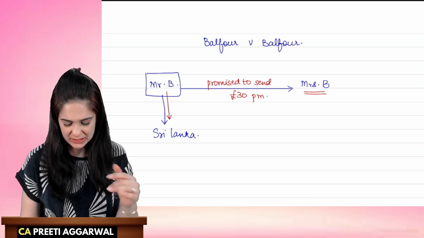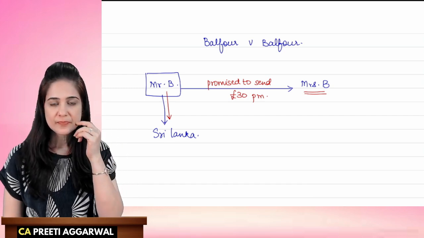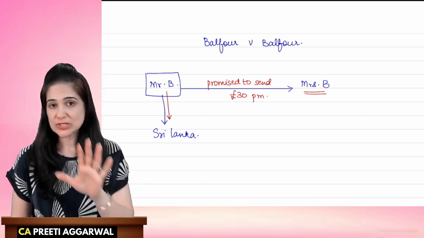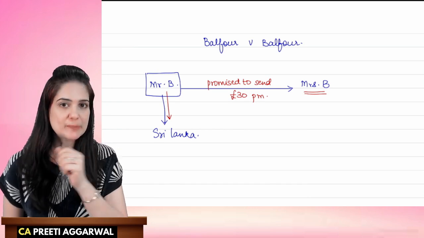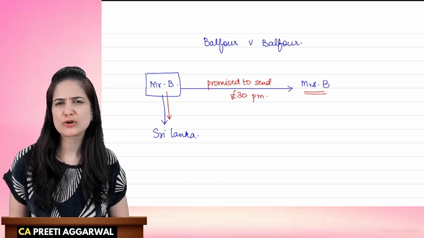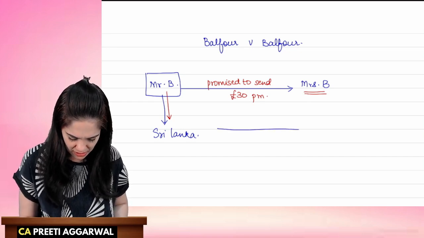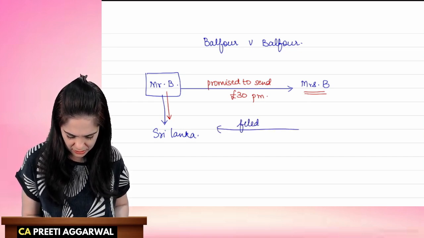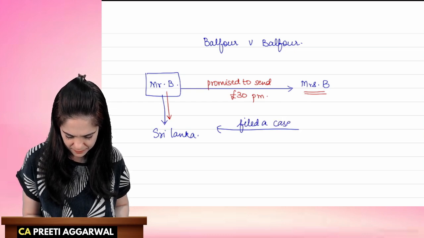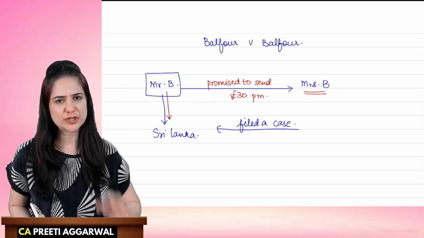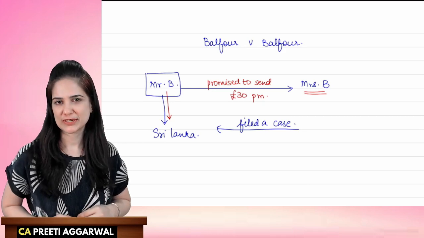Promise he made, but he failed to keep his promise. Mrs. Balfour got wild. She said, you have not sent me the money. She filed a case. Now you tell me, students, would she have won the case or lost the case?